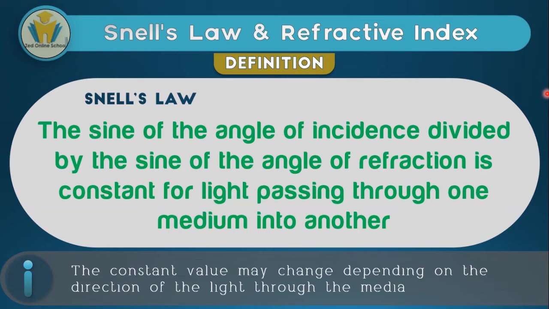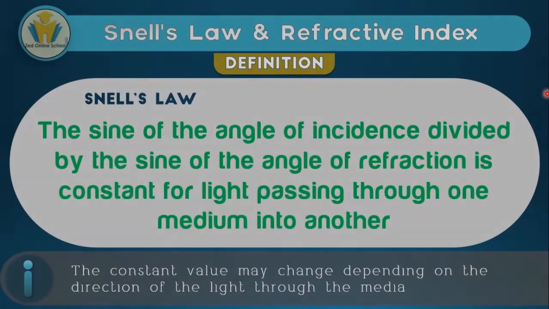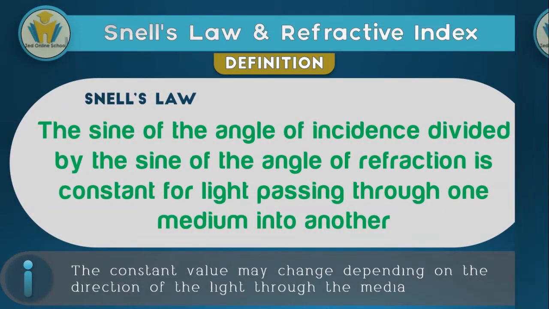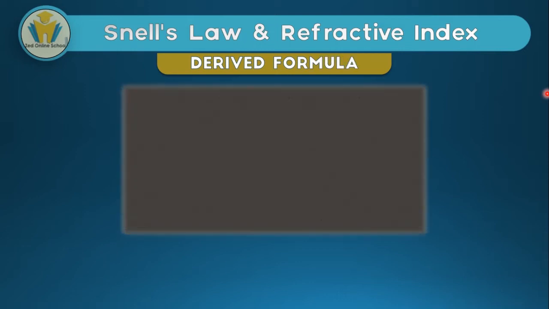There might be the same two media, but because of the direction of light, our incident ray and our refracted ray are going to be different. If you think with me, the angles are going to be kind of switched, and therefore it's very possible that our answers won't be the same. With that said and done, now let's look at the derived formula from Snell's law.